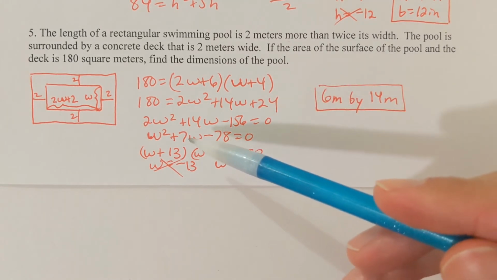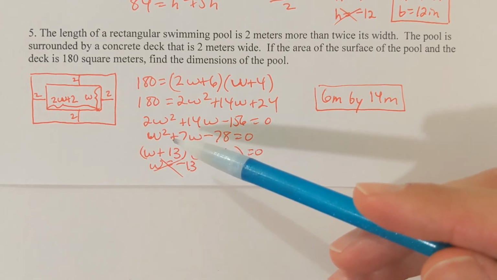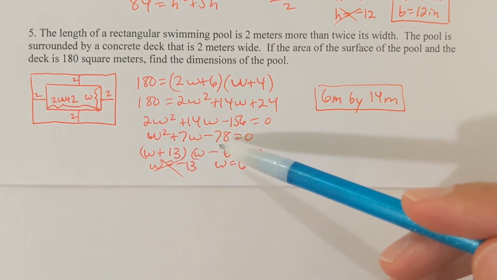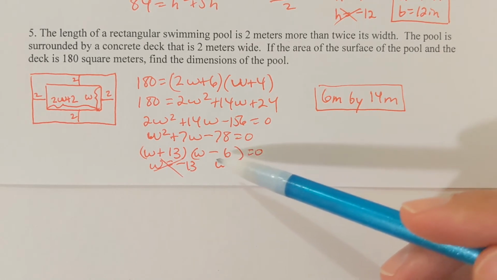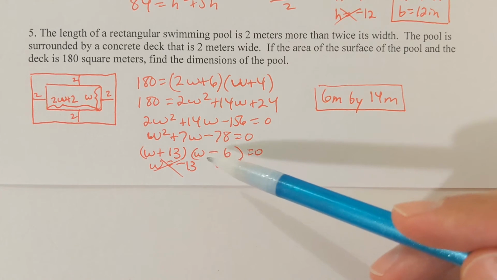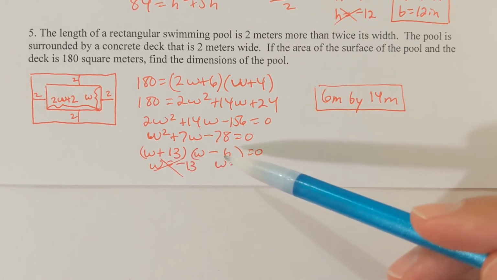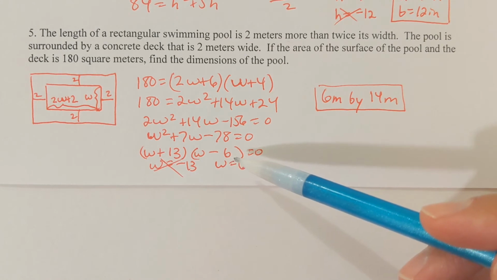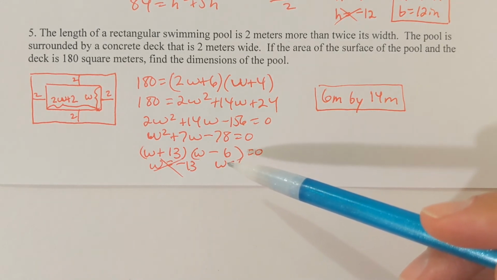And if we divide by 2 on both sides, W squared plus 7W minus 78 equals 0. This is going to factor nicely for us as W plus 13 times W minus 6 equals 0. Okay.